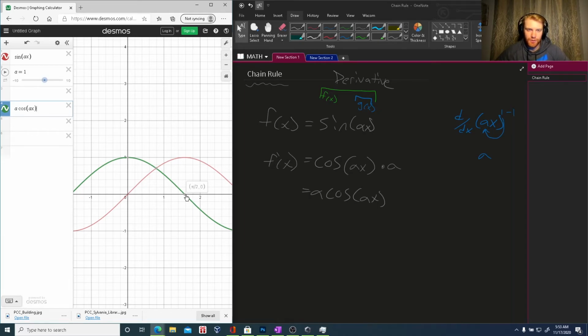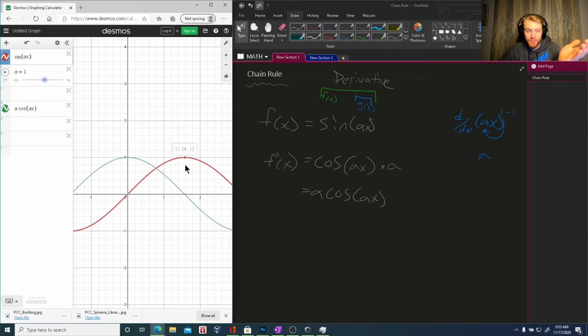describing the slope of the antiderivative, the original function, the integral, right? So at pi halves, it's at 0, which means the slope should be at a local min, a local max, some kind of critical changing point, right?